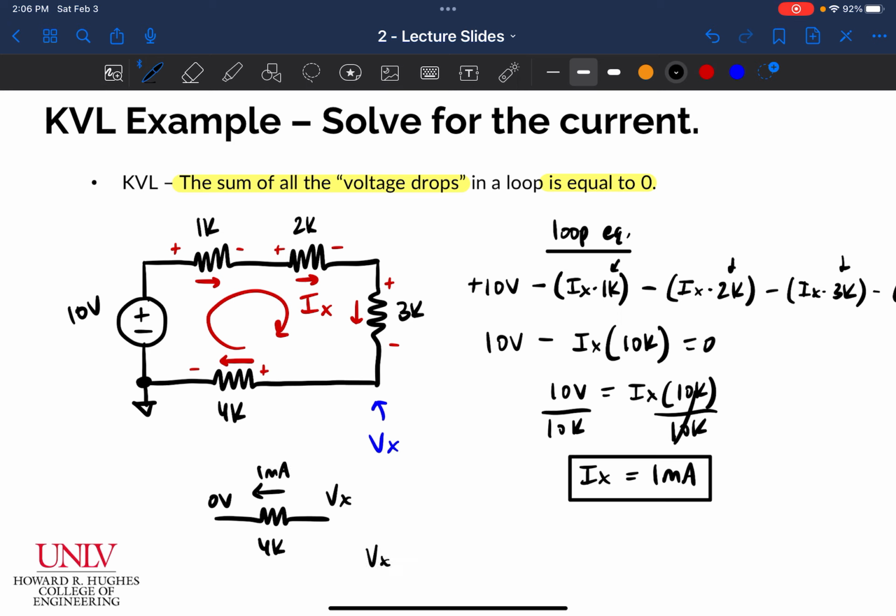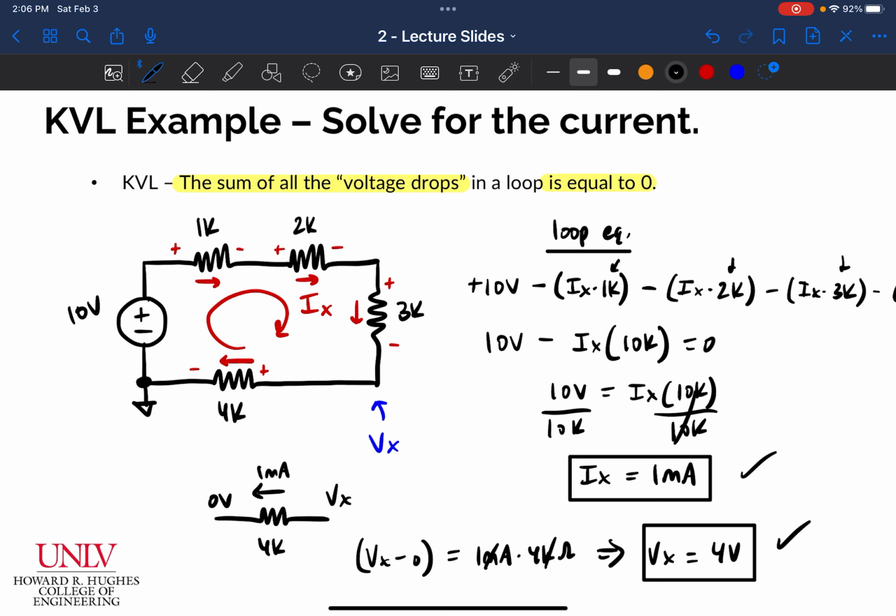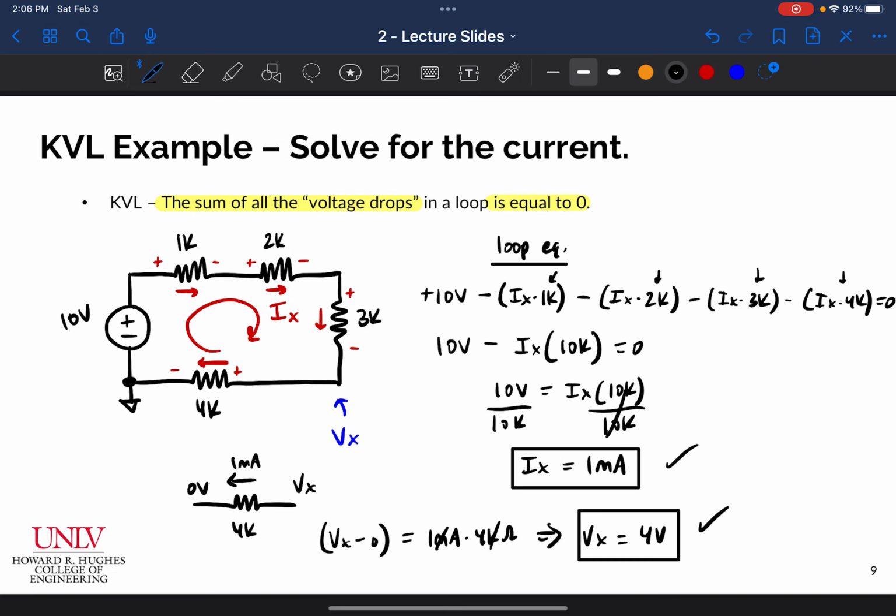VX minus 0, that's my voltage drop, is equal to I times R. My K and my milli cancel, and I get that VX is equal to 4 volts. So we found VX and IX in the circuit using KVL, and this problem would be done.